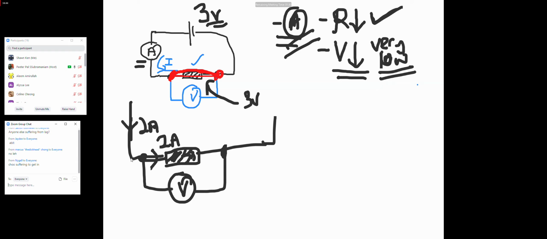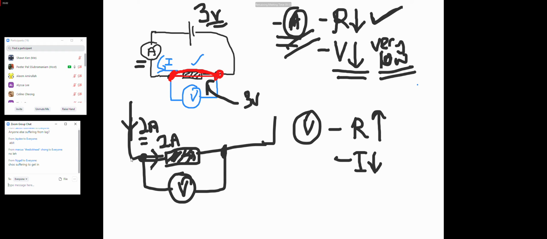So the voltmeter must have very high resistance, because when the resistance across a device is very high, minimum current will flow through it. So let's say 2 ampere current came, only 0.001 ampere enters the voltmeter. This is neglected, we don't count it. So every voltmeter must have maximum resistance across it so that minimum current can flow through it.